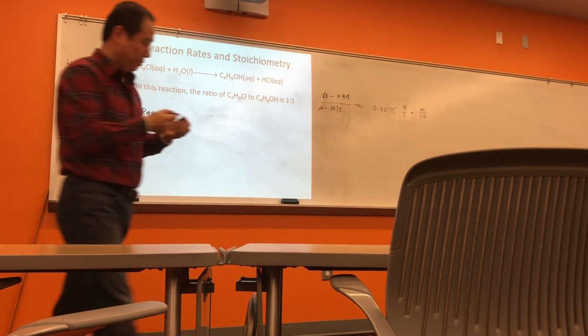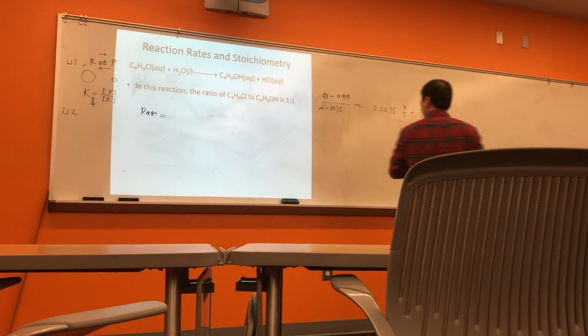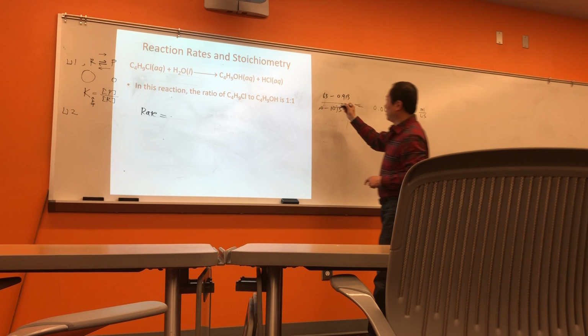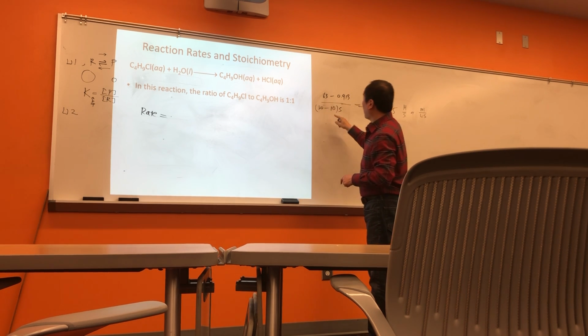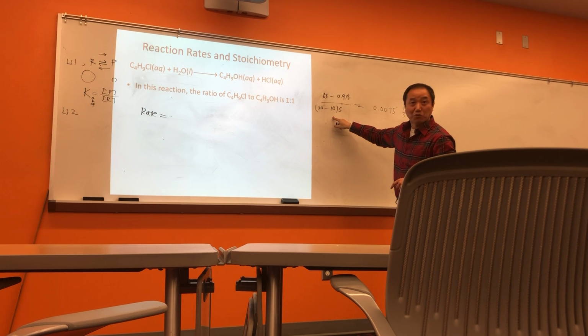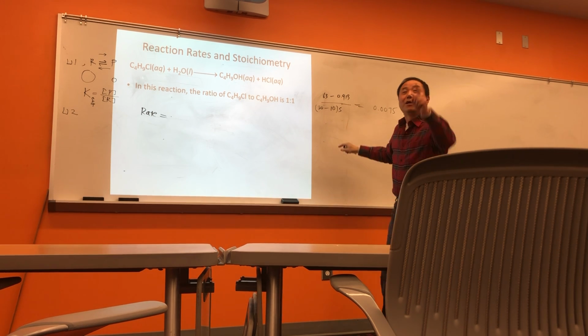Can I ask a quick question about that last one? For sig figs, did you base the two sig figs off of the concentration or off the time? Time. We have 3 sig figs on the top and 2 sig figs on the bottom. Wouldn't it just be one though because there's no decimal point?